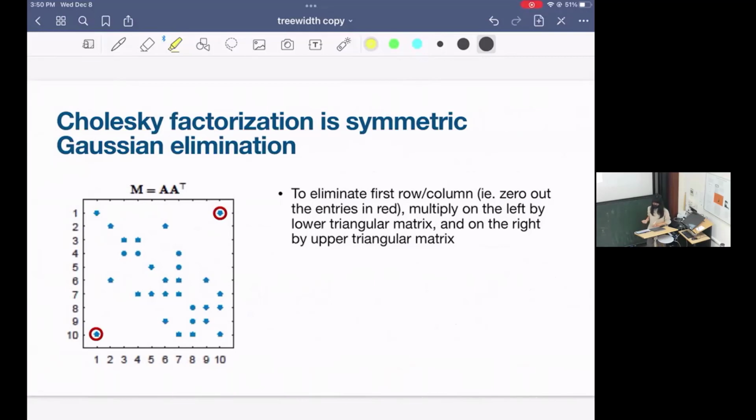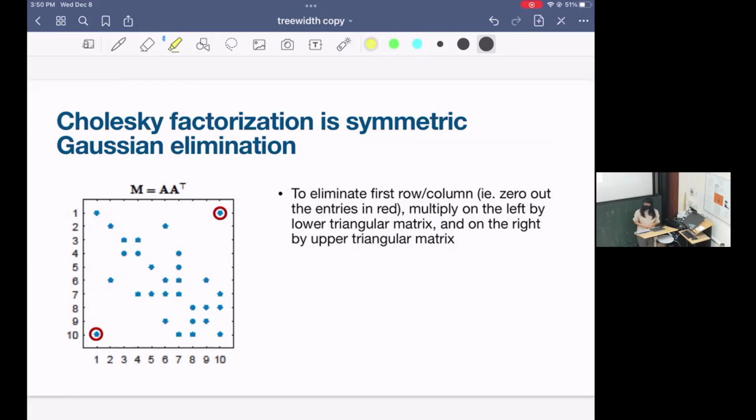Then, as you remember in Gaussian elimination, I'm going to take the 10th row, subtract some multiple of the first row, and replace the 10th row by this. This is equivalent to multiplying on the left by a lower triangular matrix.